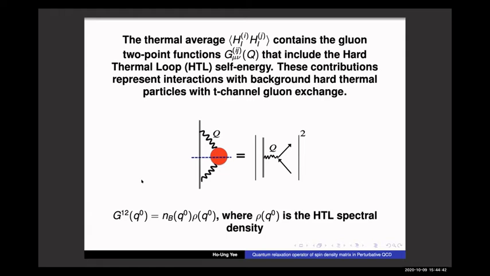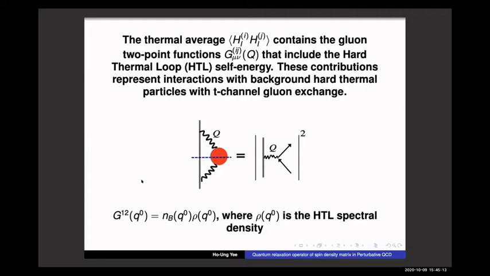include this hard thermal loop self-energy correction, which essentially includes the hard particles in the background QCD plasma. That means that in our computation, we are essentially considering the scatterings of our massive quark of interest with background hard particles of dominant momentum, temperature.